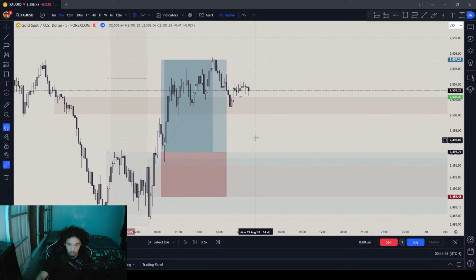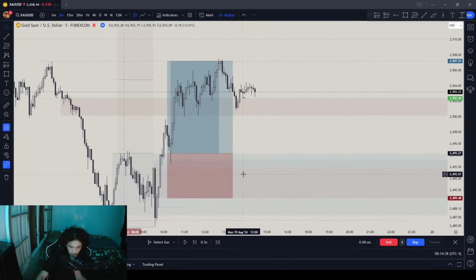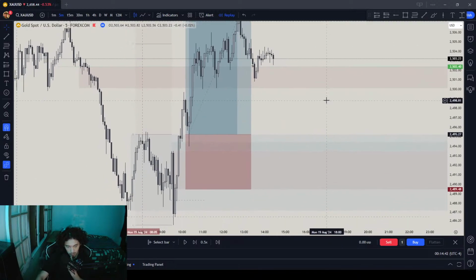Okay, we got this right here, right? 1, 2, 3. You could put us just below this one, below the spherical block.